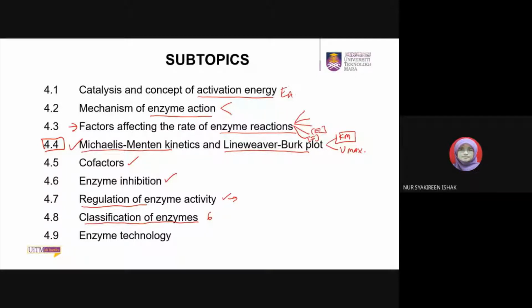And then last, 4.9 is enzyme technology. We are going to look at how enzymes are used in industry on a large scale, using a method we call immobilized enzyme. What is immobilized enzyme, and the benefit of using immobilized enzyme.